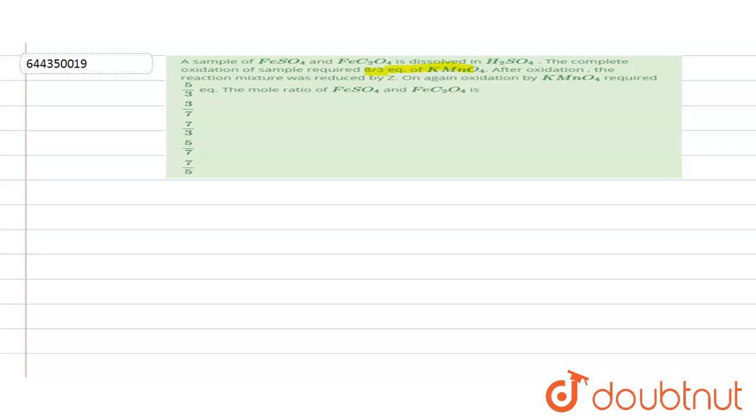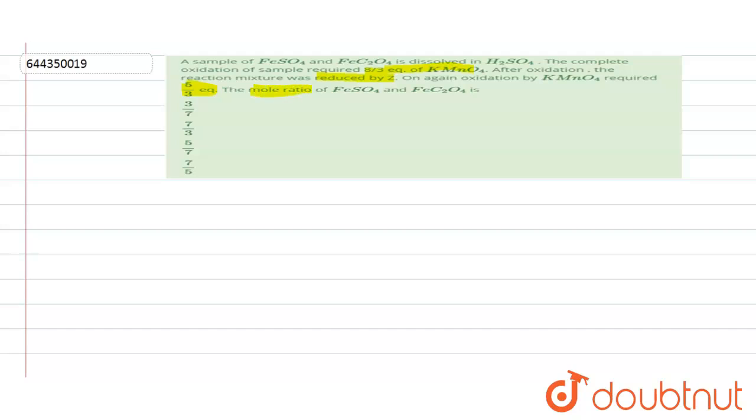After oxidation, the reaction mixture was reduced by zinc. On again oxidation by KMnO4, it required 5 by 3 equivalent. We have to find out the mole ratio of FeSO4 and FeC2O4.